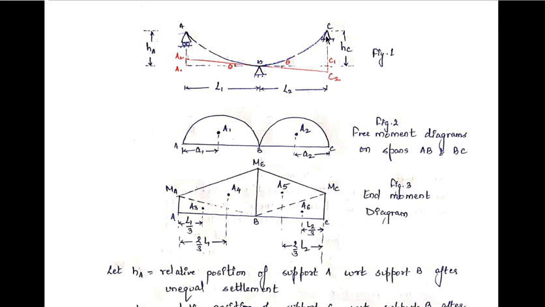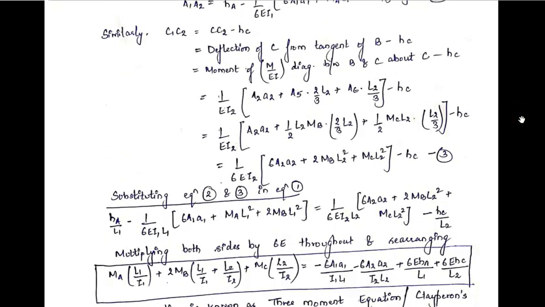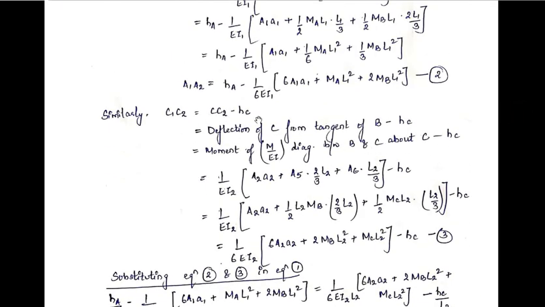And CC2 is the deflection of C point with respect to the tangent drawn at B point. So here also I can write CC2 equal to the deflection of C point with respect to the B point. So CC2 minus HC, where CC2 is the deflection of C with respect to the tangent drawn at B, minus HC.